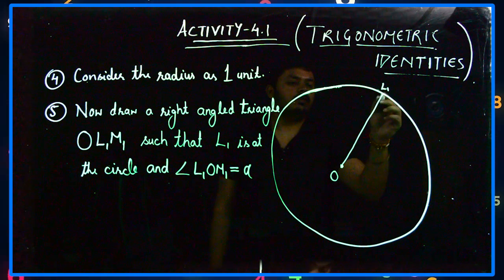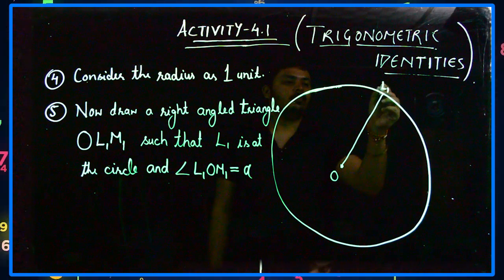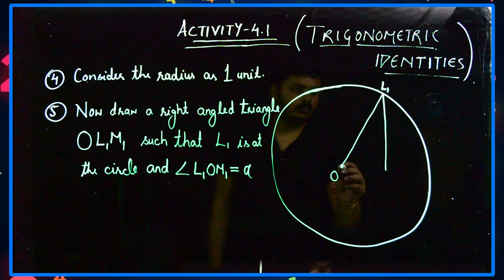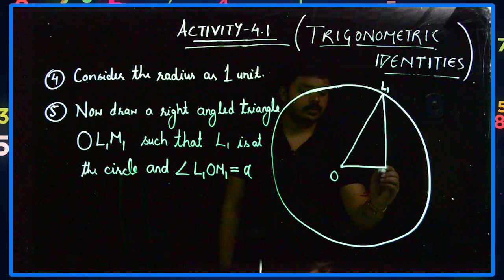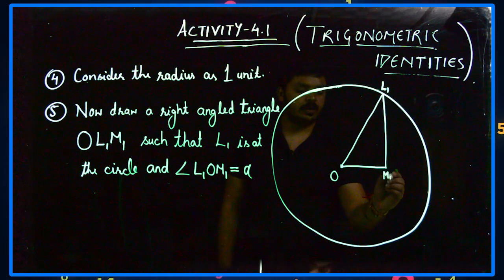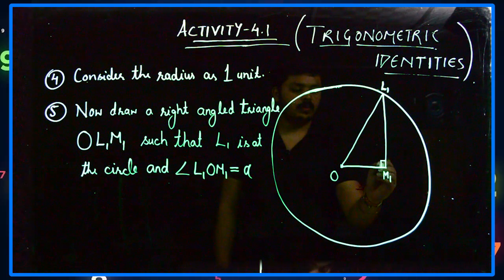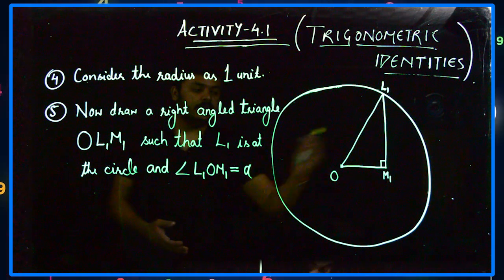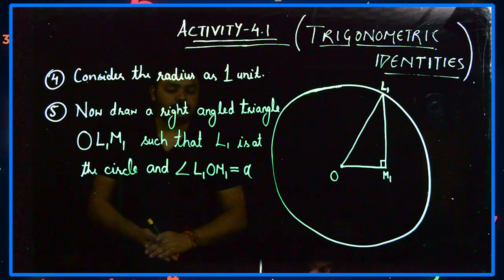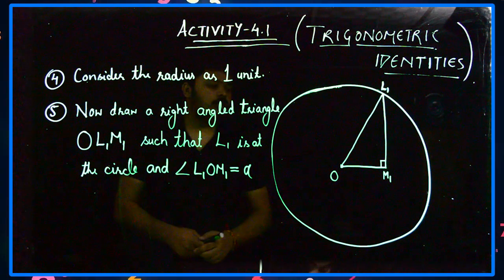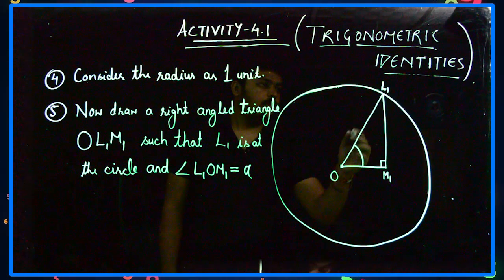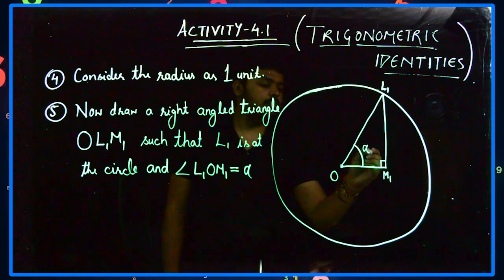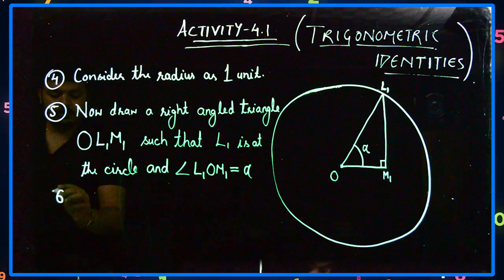So this is L1 and this is M1, right angled at M1. So this is our triangle, that is right angled at M1, and the angle L1 O M1 is alpha.